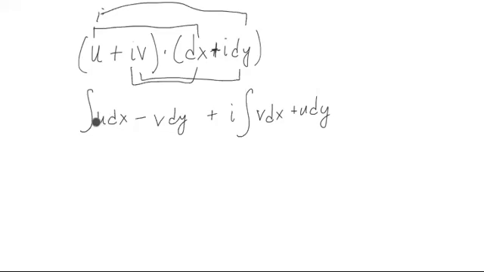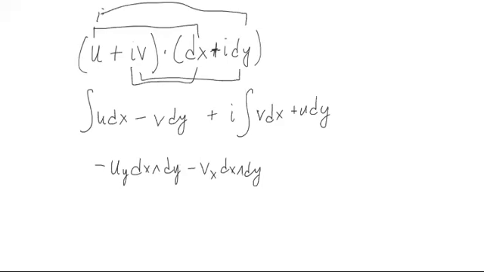What's going to survive is the dy portion of this, but it's going to be out of order. So it's going to yield a negative u_y, partial y. I made it negative because I'm going to change the order to dx dy. And then I have the right order here with x, so v_x dx dy.